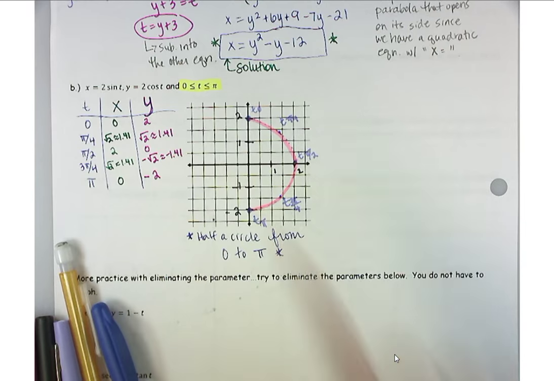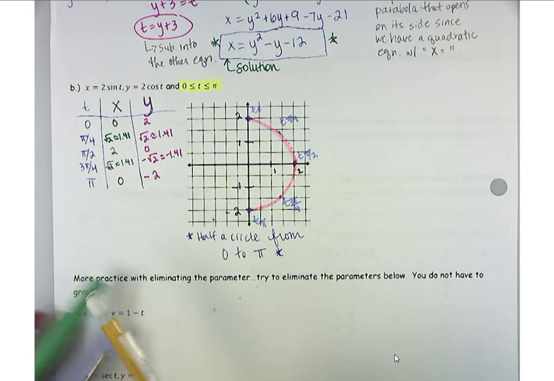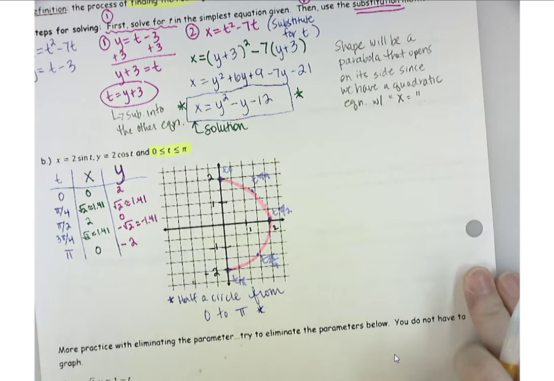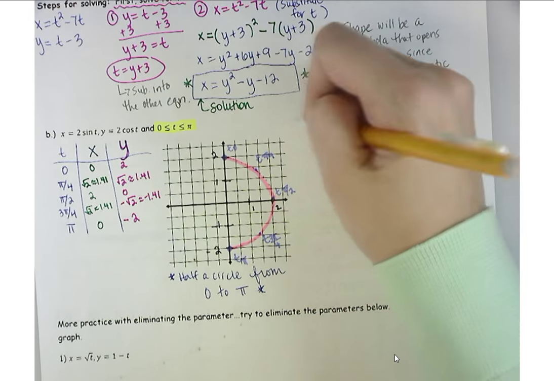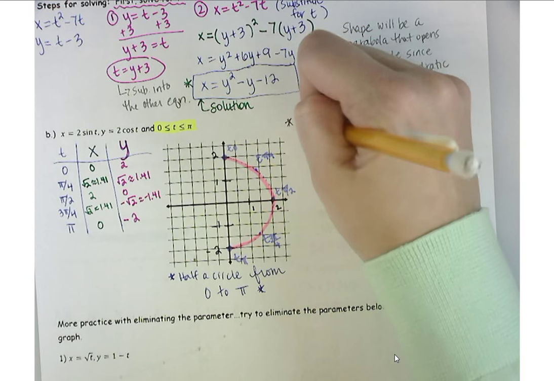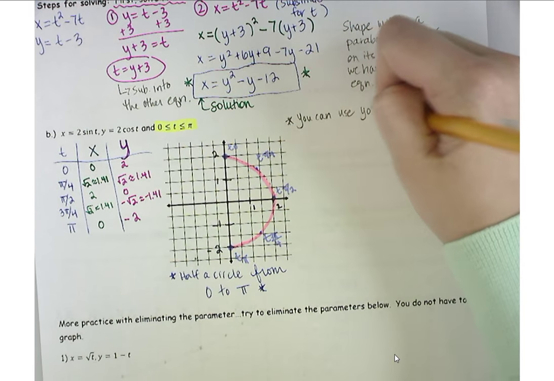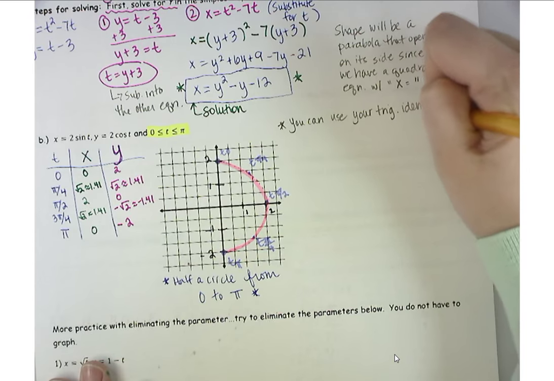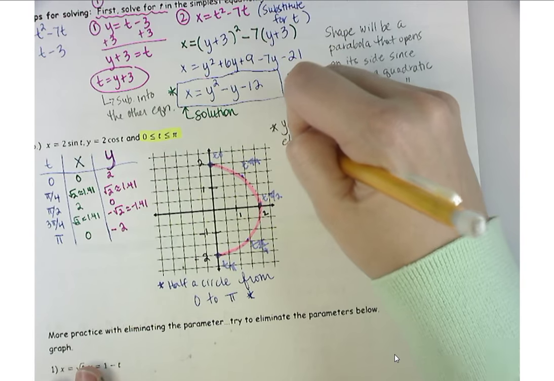So now we get to eliminate the parameter and see what it would look like in rectangular form. To do this one, it's really helpful to be able to use your trig identities to eliminate the parameter.